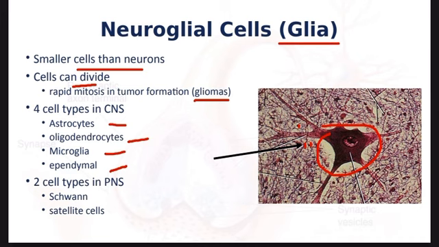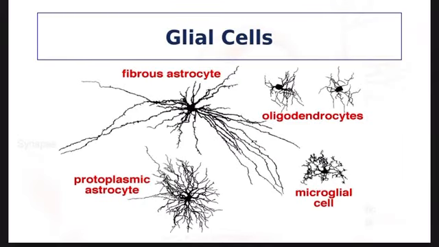We're going to talk about them in the CNS. Again, subdivide them: CNS, PNS. In the PNS we have Schwann cells, it's easy, and satellite cells. They are very easy to know too. In the PNS we know where we are looking. Okay, clear. Let's go through them.